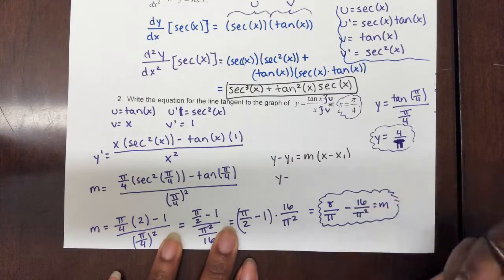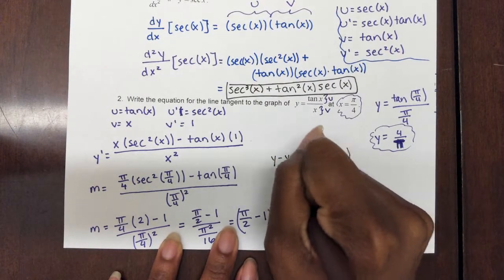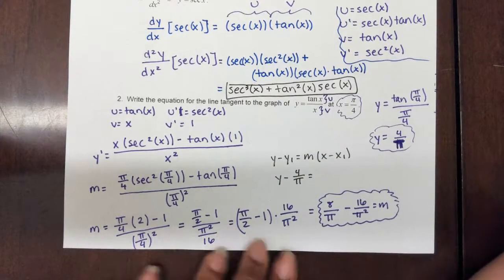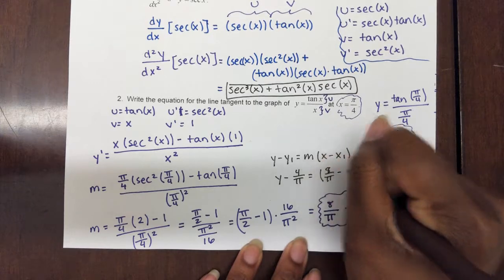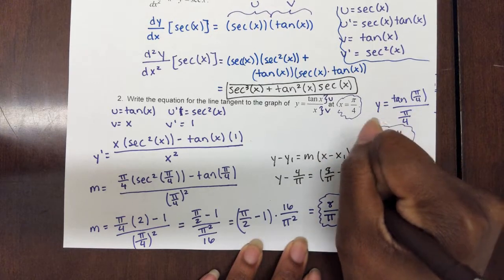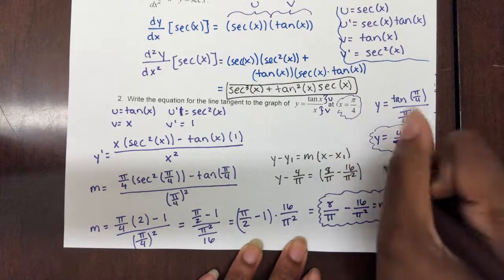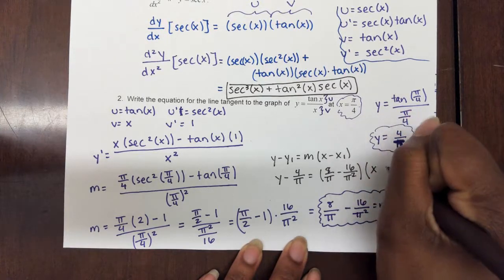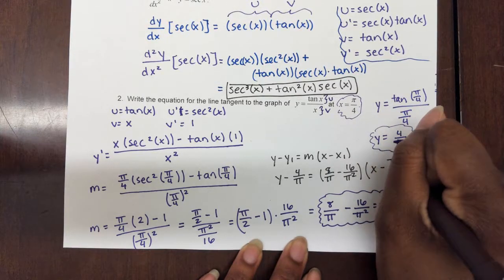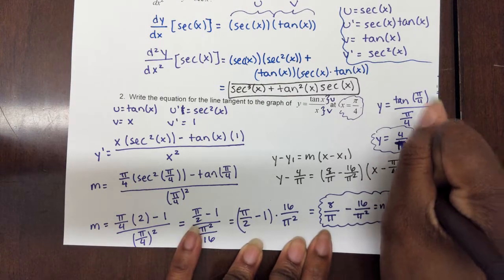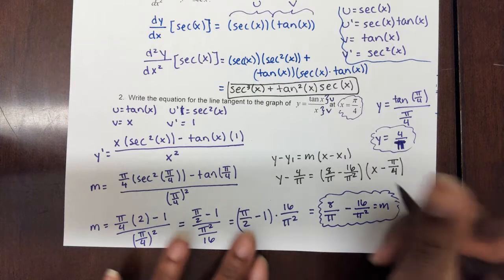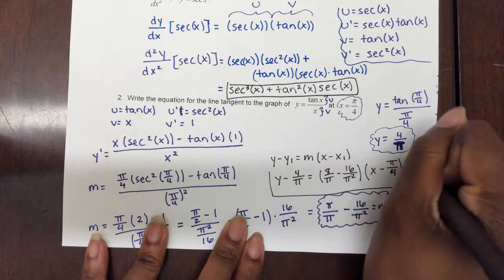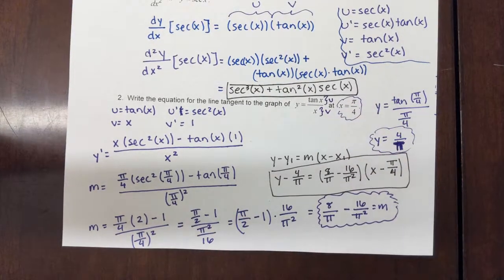So we have y minus 4 over pi equals 8 over pi minus 16 over pi squared times x minus pi over 4. And that is the equation of that tangent line.